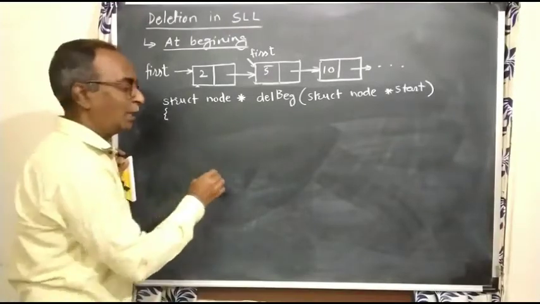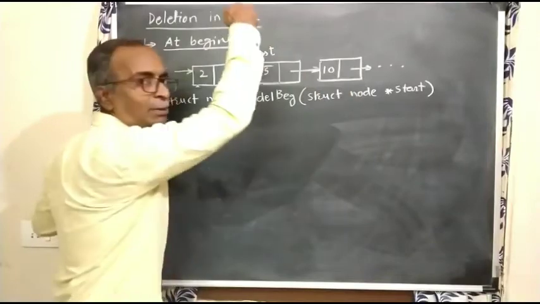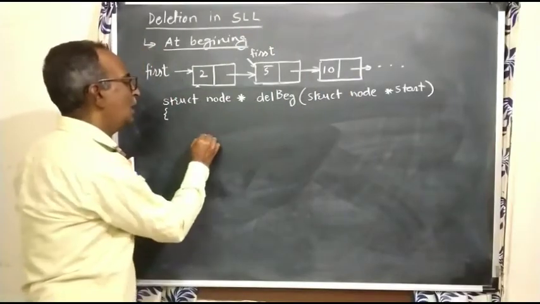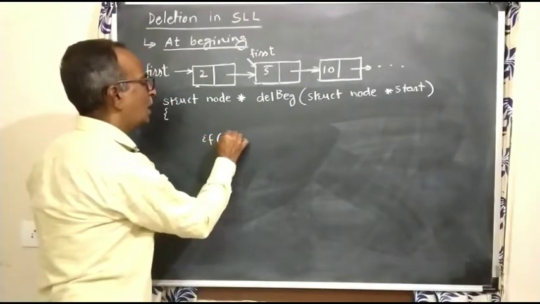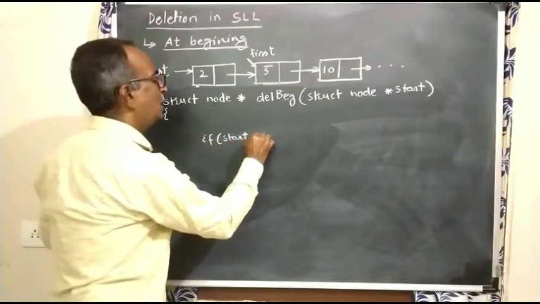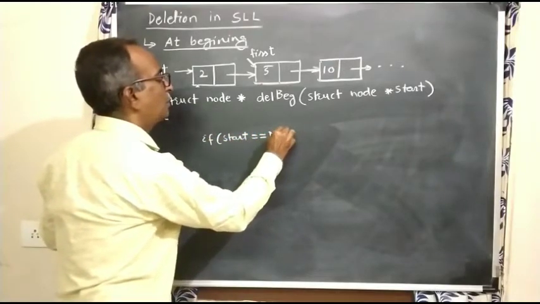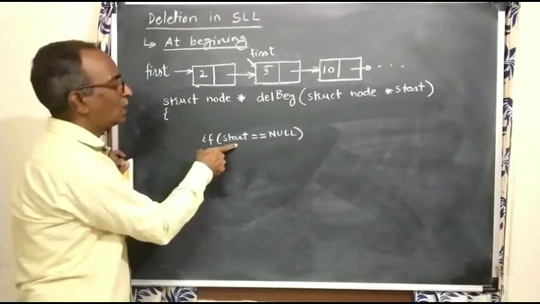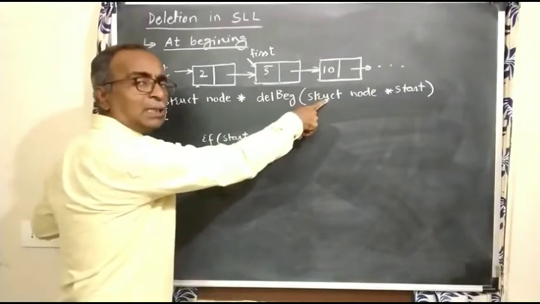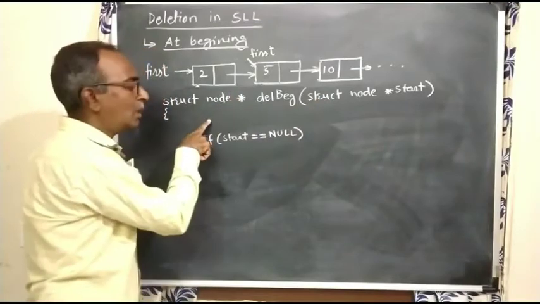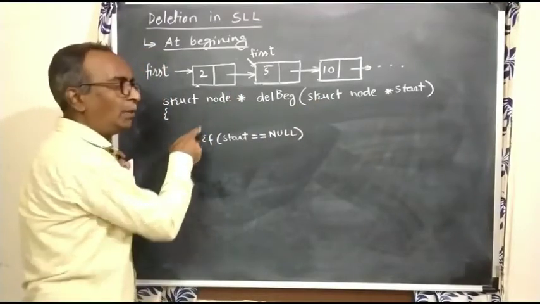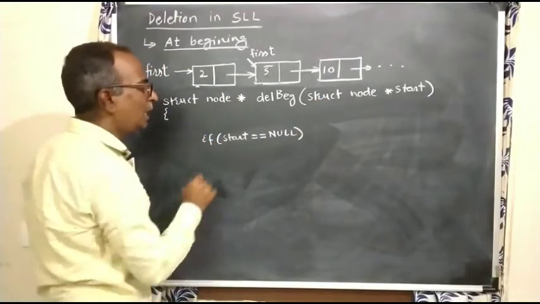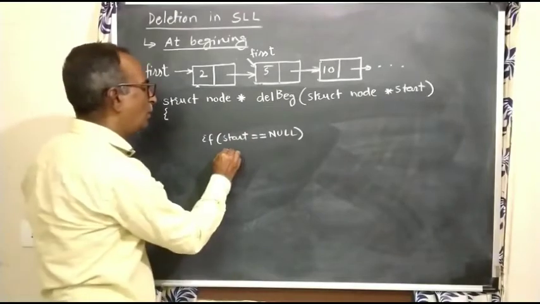What we checked: if start, whatever you are sending, is null. Similarly, if start itself is equal to null. There is no need of declaring start here. Why? Because this is a formal parameter, and a formal parameter acts as a local variable to this function.